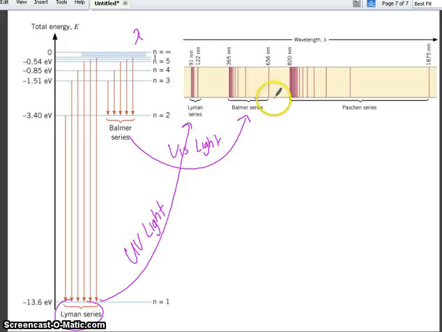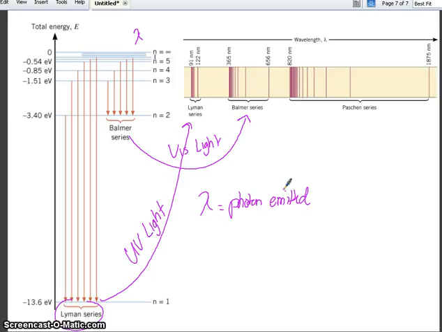So this spectrum here corresponds to these energy level transitions here. Okay, so energy levels, switching between these two go hand in hand. Okay, and from these energy levels, we can calculate the wavelength of the photon emitted, which is what we're going to do in class.